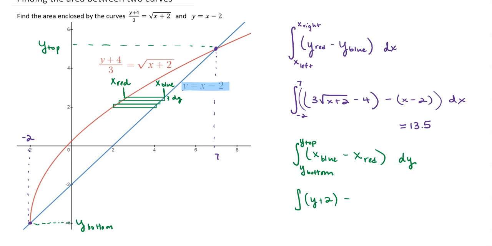While x red would be what we get by solving this equation for x. That'll come from squaring both sides, so we get ((y + 4)/3) squared minus the 2 will equal x. So that's our x red. Now we have to subtract off that whole expression, so we need another set of parentheses in here.